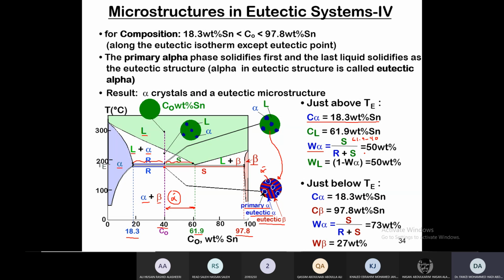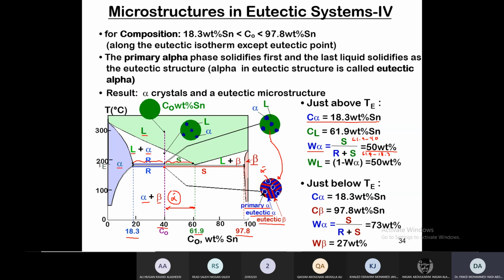So this will be 61.9 minus 18.3, and of course that fraction is multiplied by 100. So if you work out 61.9 minus 40 divided by 61.9 minus 18.3 and multiply by 100, you will get the result 50%.